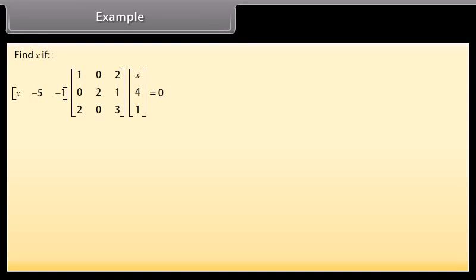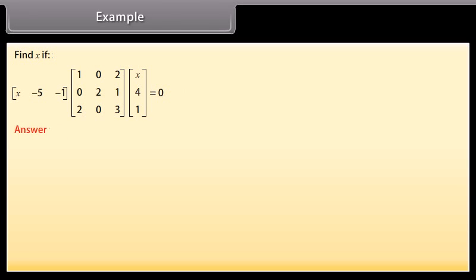Example. Find x if [x, -5, -1] multiplied by the matrix with rows [1, 0, 2], [0, 2, 1], [2, 0, 3], multiplied by the matrix with rows [x], [4], [1], is equal to 0.